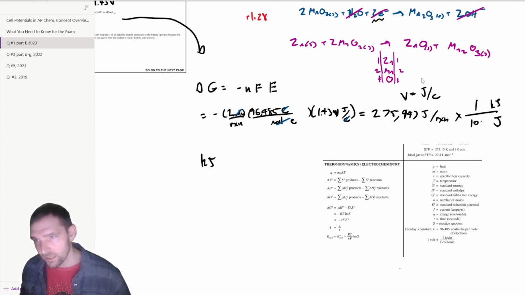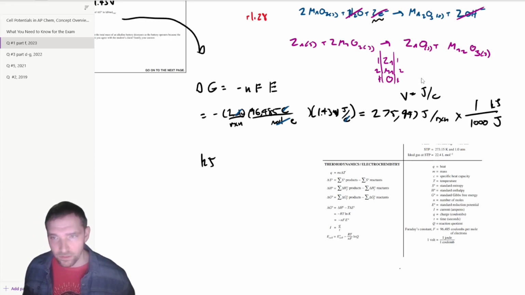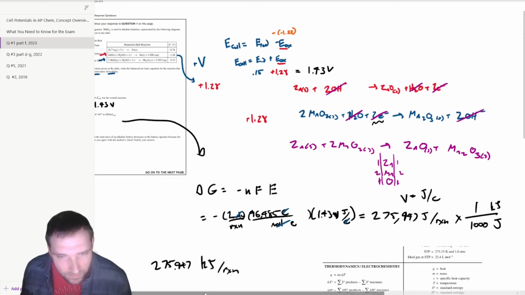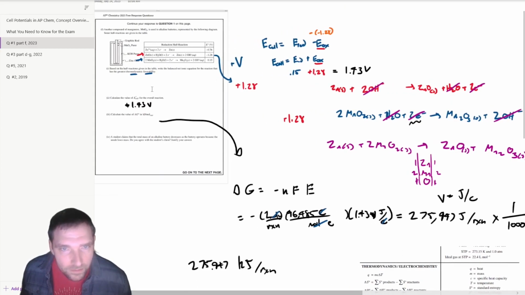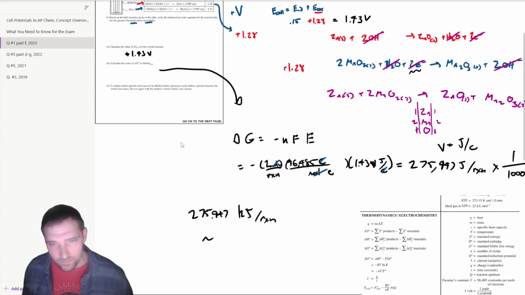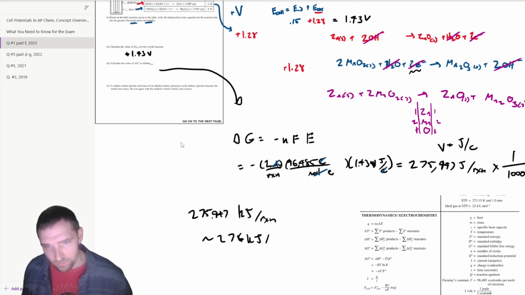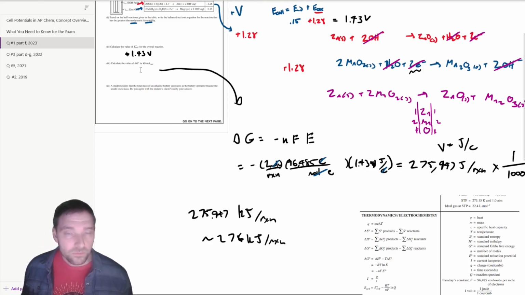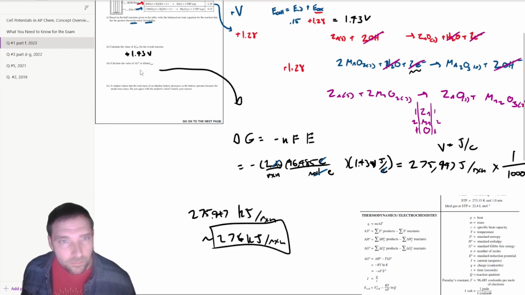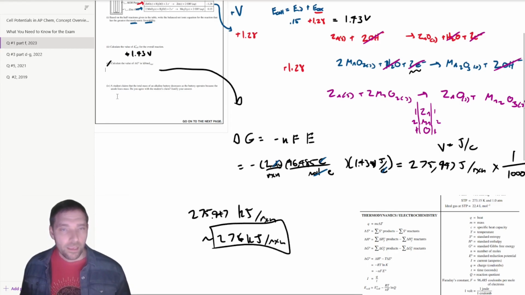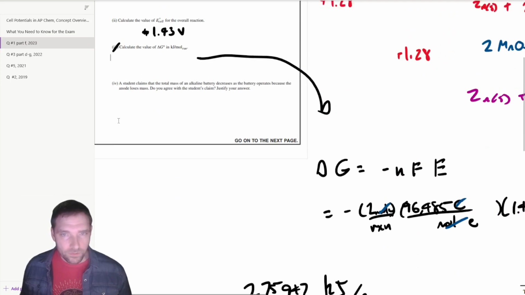In 1 kilojoule, there's 1,000 joules. So you need to make this 1,000 times smaller. So this should be 275.947 kilojoules per reaction. And then we just do our sig figs, which I believe was 3 sig figs on that 1.43. 276 kilojoules per reaction.